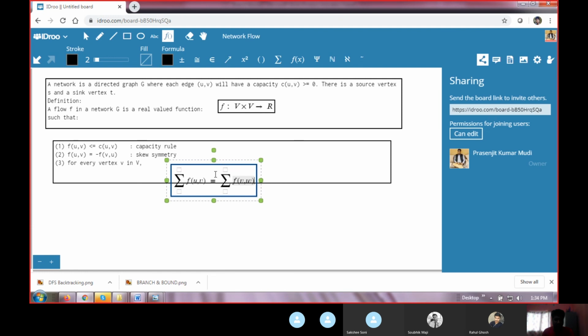So this is for every u in capital V, and this is for every w in vertex set V.